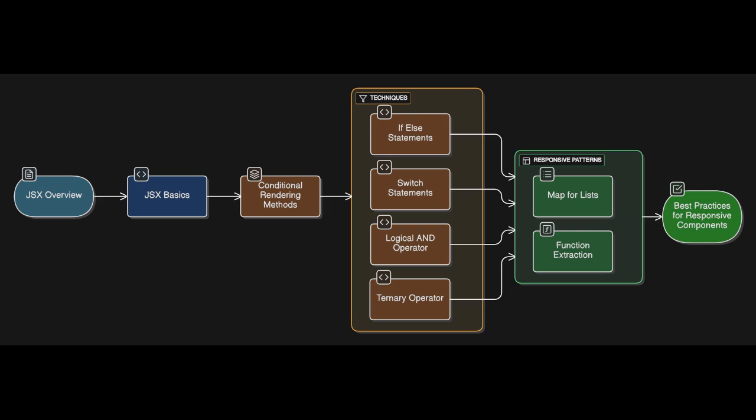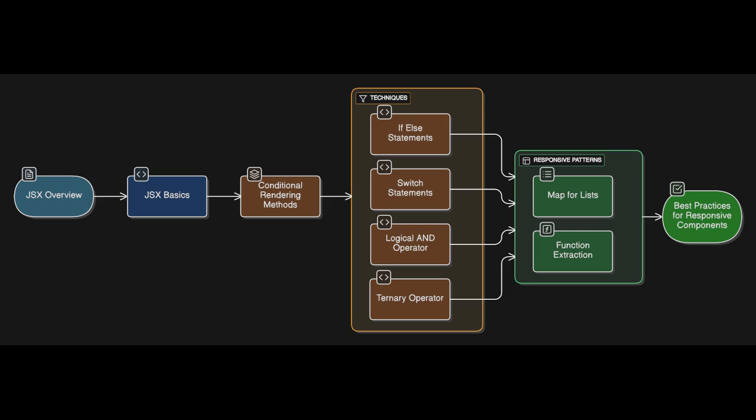For instance, consider the analogy of a theater stage. HTML elements are like the static props on stage, set in place before the performance begins. In contrast, JSX enables these props to come alive, reacting to the actors' movements and the unfolding storylines, much like how JavaScript logic manipulates the DOM in real time.